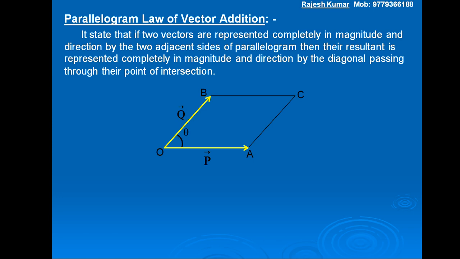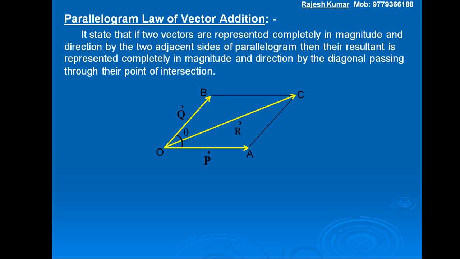The angle between vector P and Q is theta. Then the resultant is represented completely in magnitude and direction by the diagonal OC passing through the point of intersection of vector P and vector Q, O.